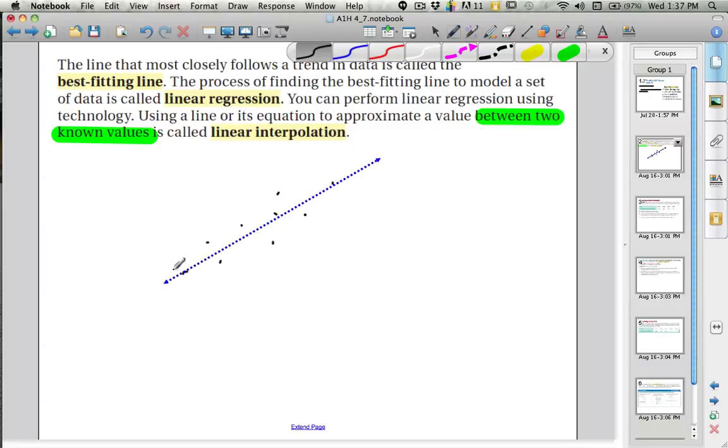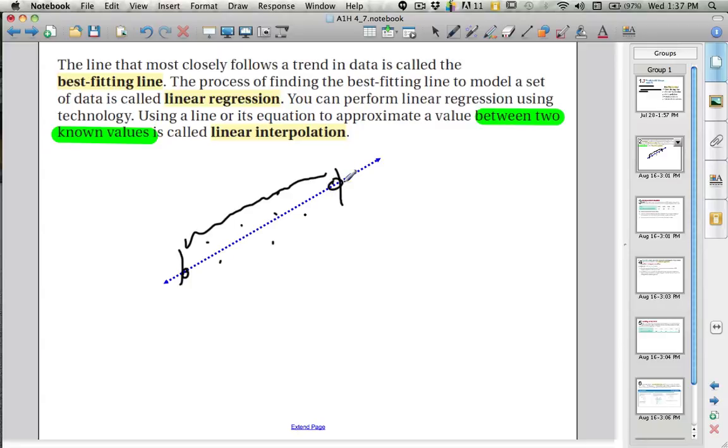When I'm looking in this range here, I'm approximating a value between two known values. I have a known value there and a known value there. And in here, this is called interpolation.